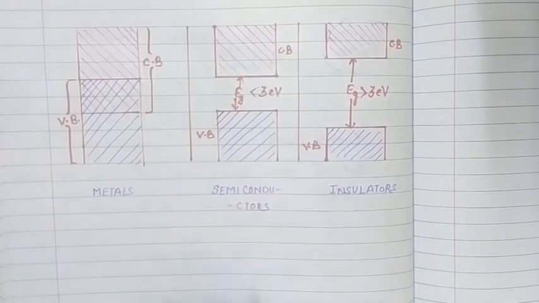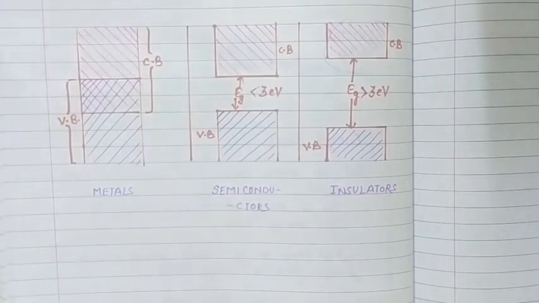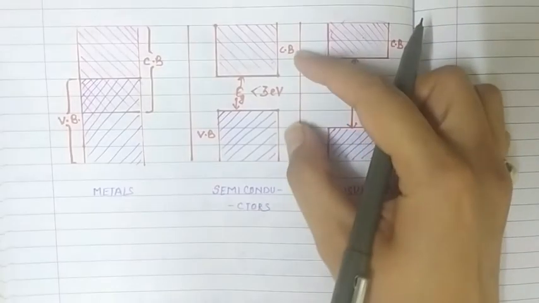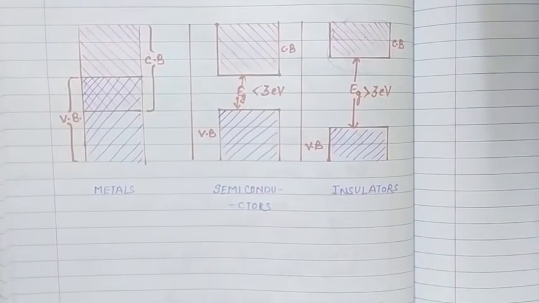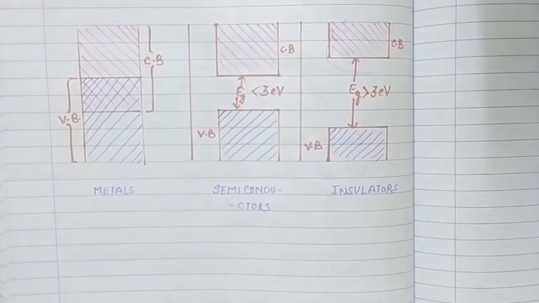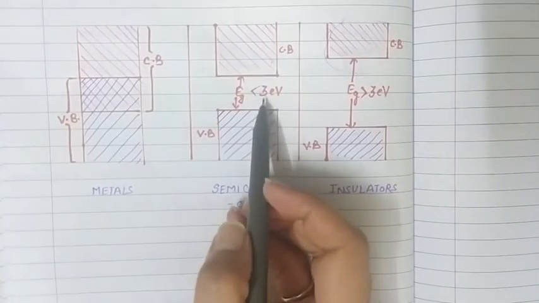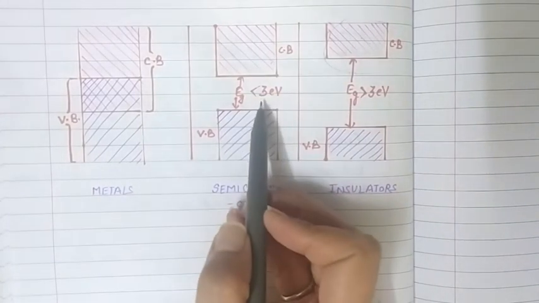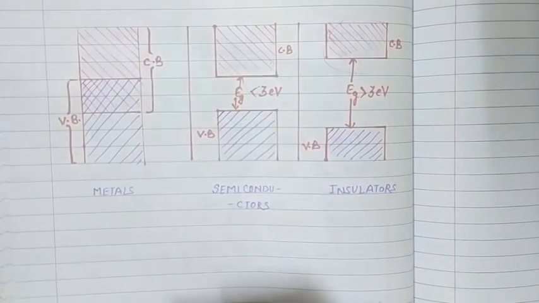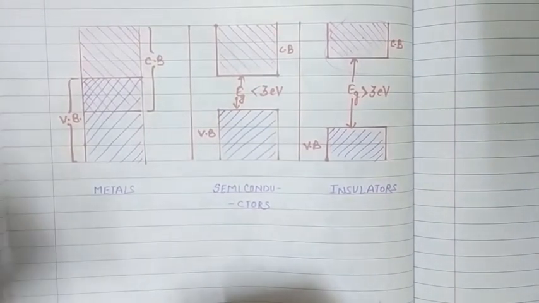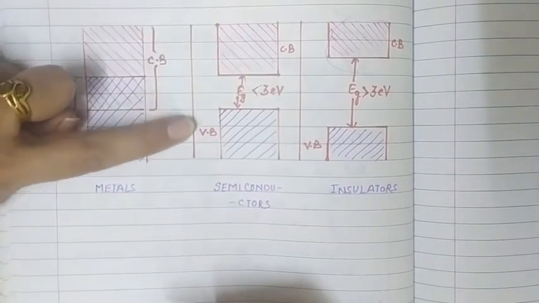So the material acts as an insulator at low temperatures, while the energy gap between these two bands is small, about less than 3 electron volts, and at room temperature some of the valence electrons can acquire this much energy, or we can say they can get enough thermal energy from the room temperature and can jump to the conduction band from the valence band.